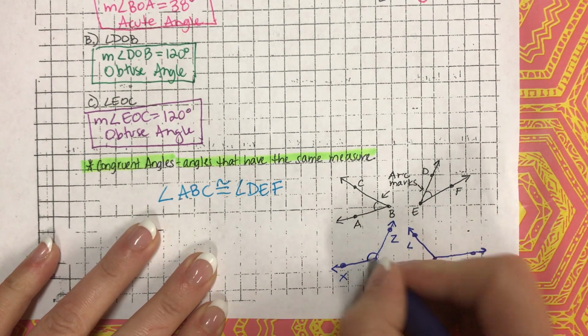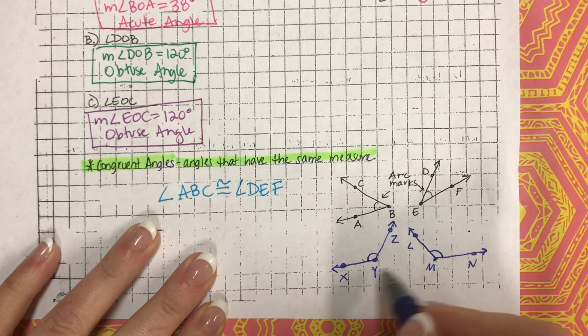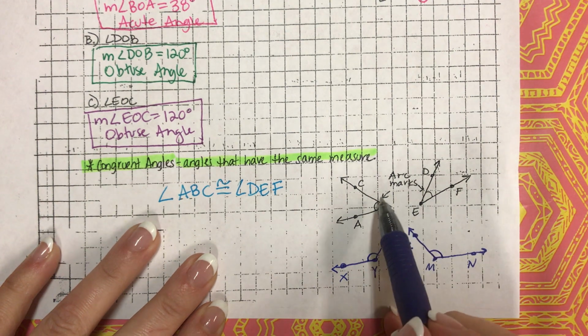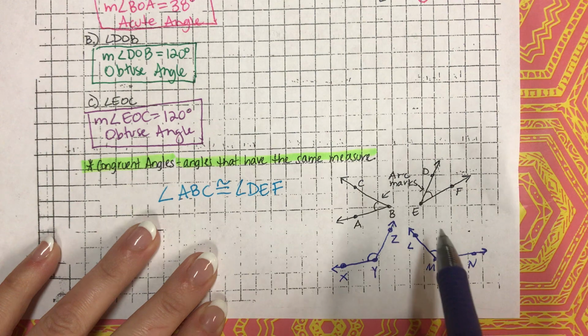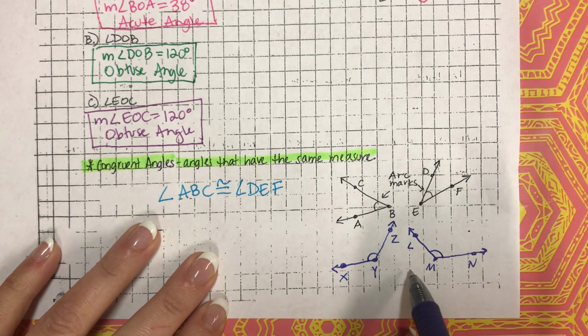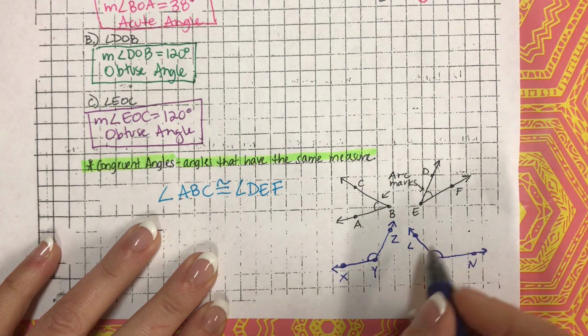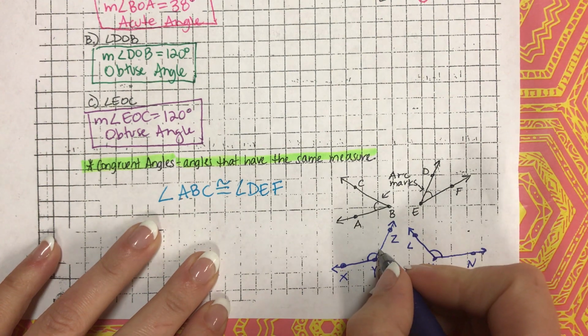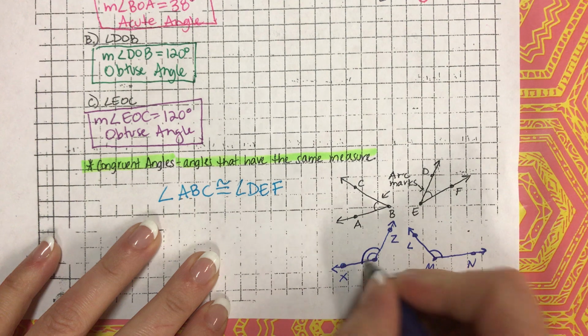I wouldn't put just one, because when I put one arc mark, that would mean that this angle, this angle, this angle, and this angle, they're all the same. Well, that's not true. These are the same, and these are the same, but these ones are not the same as those ones. So to distinguish that, I would put two arc marks like that.